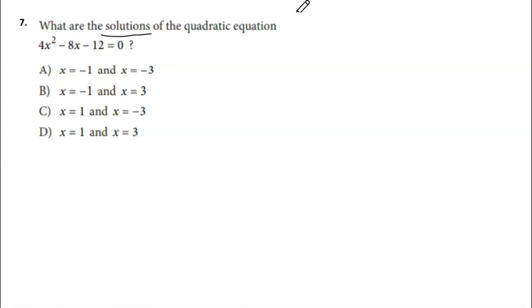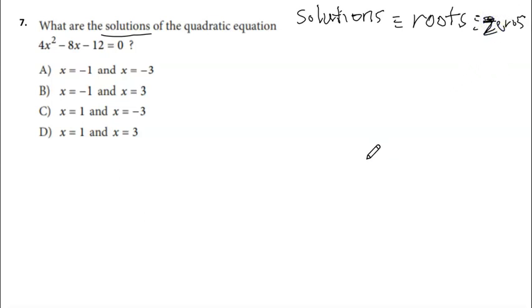So remember those terms: solutions, roots, zeros. They are all the same, right? Put them on your index card somewhere, as you prepare.